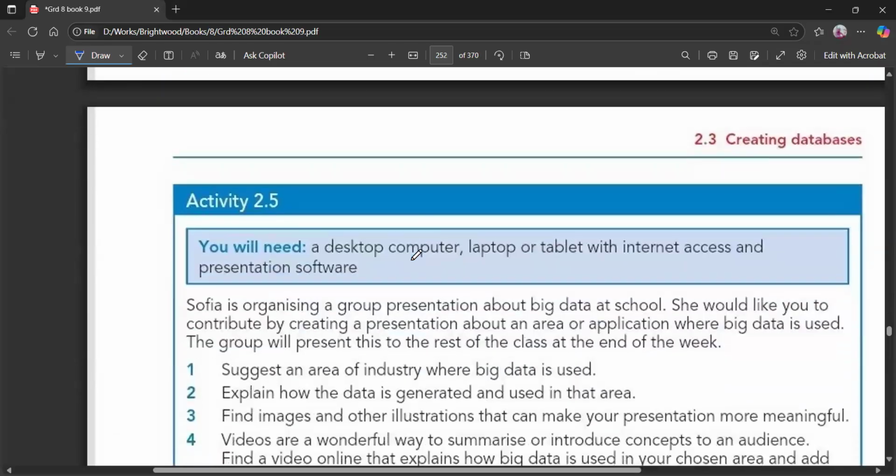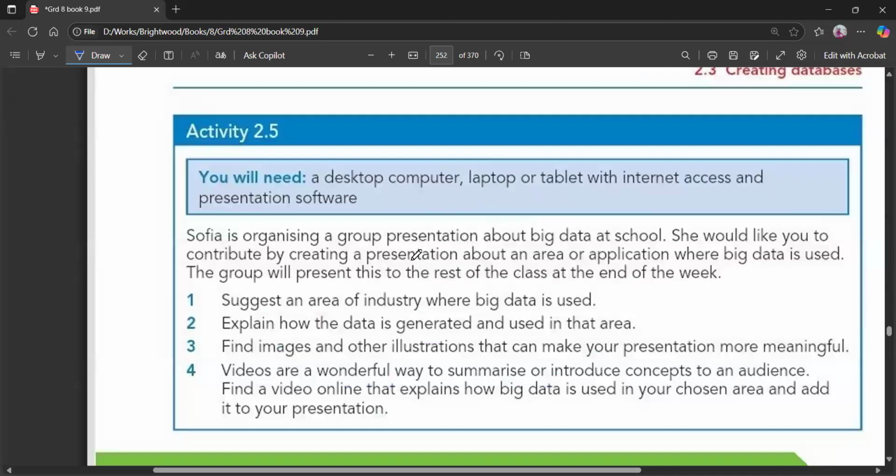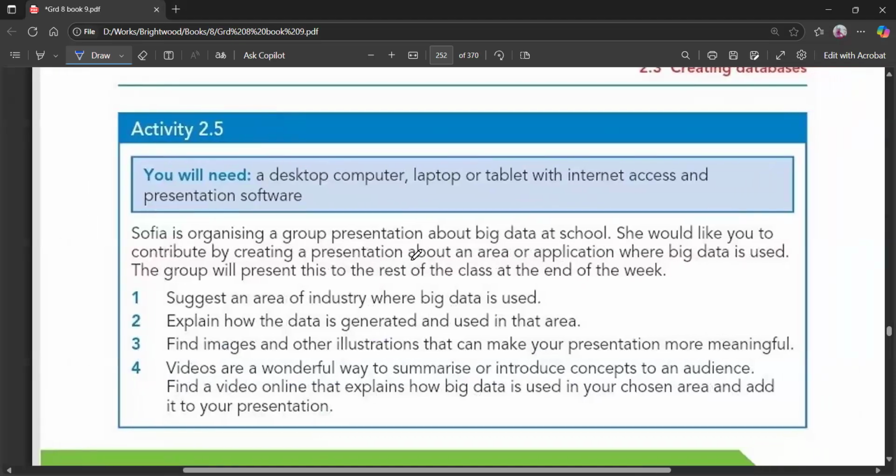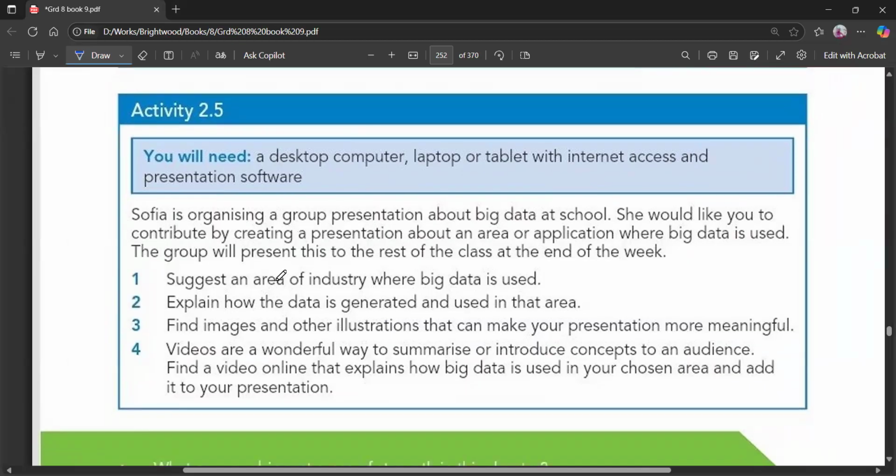So it can be used for several things, and here is an activity for you. Sophia is organizing a group presentation about big data at the school. She would like you to contribute a creative presentation about the application areas where big data is used.